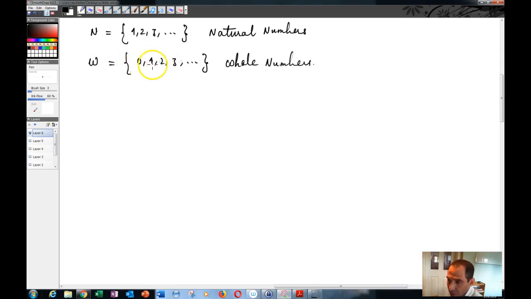And so the algebraic opposite of these positive whole numbers, of these positive natural numbers, was added to the set of whole numbers, and that made the set of integers, which is, let's say, 0, or 1, 2, 3, and so on and so forth. That's the set of whole numbers, and the algebraic opposite of these numbers was also added.